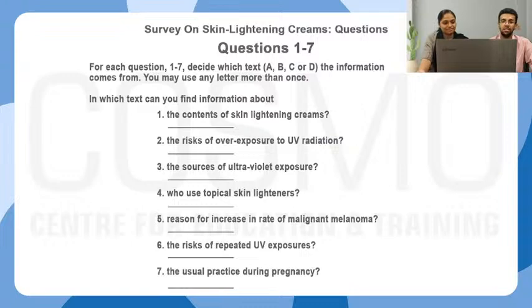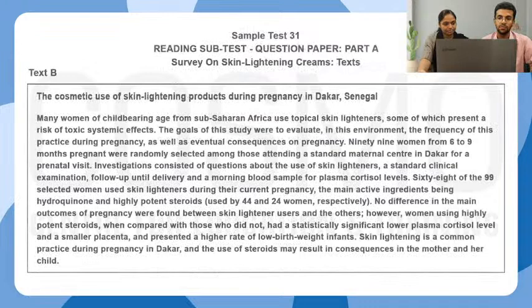The keyword pregnancy comes in text B. So let's take a look at text B. Right, from the heading itself, we can see it. The cosmetic use of skin lightening products during pregnancy. So the keyword can be found in the heading itself. That's the first keyword there.